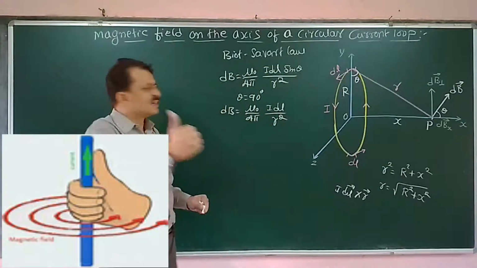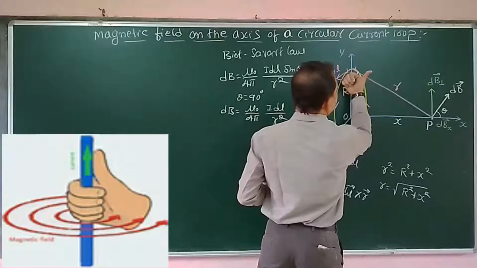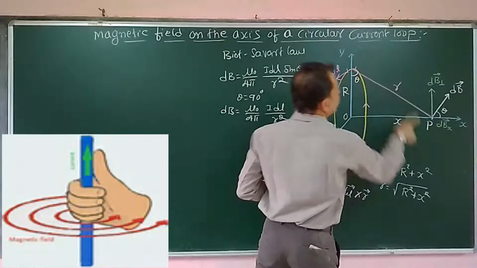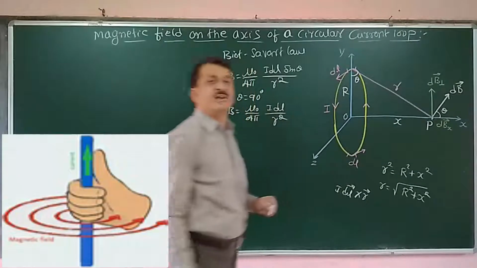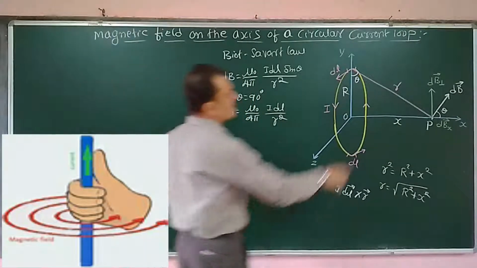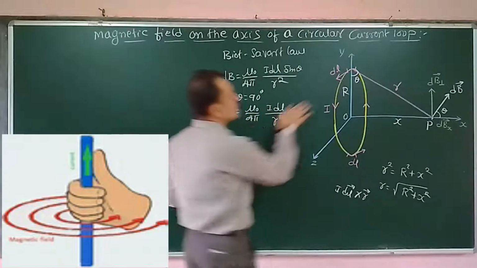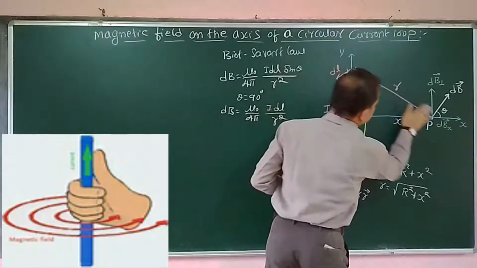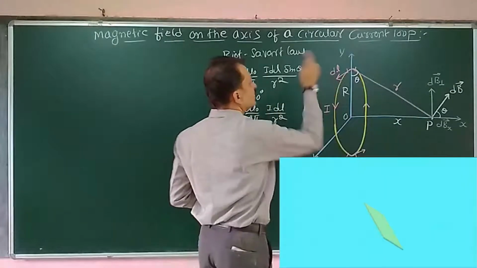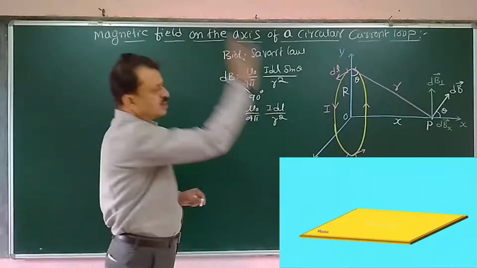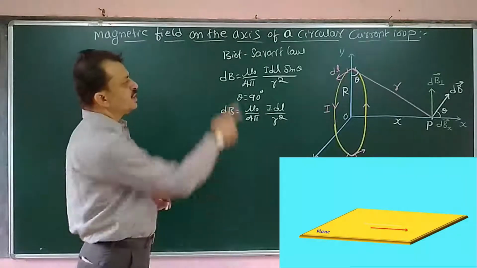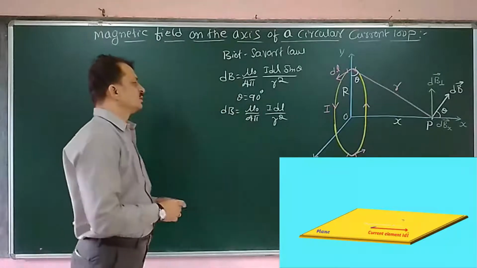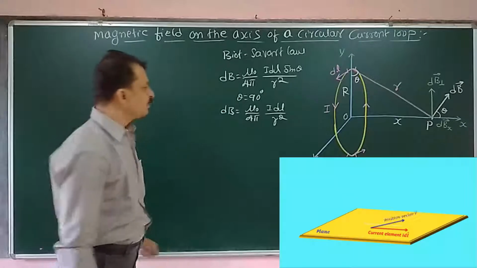If you curl like that, then the extended thumb indicates the direction of the magnetic field. So the magnetic field is perpendicular to the plane containing the current element and the position vector of the point to the current element. That is clear. Okay.